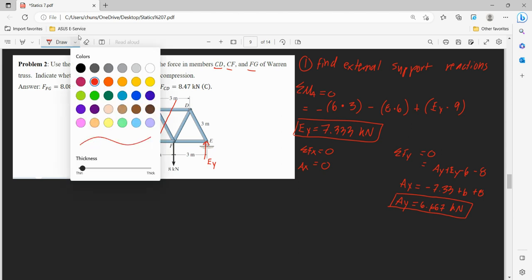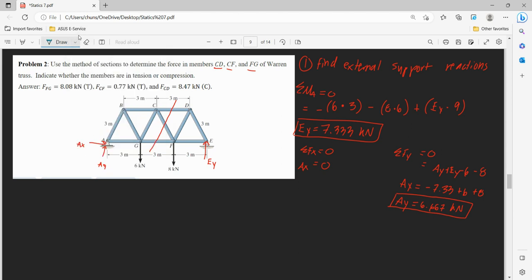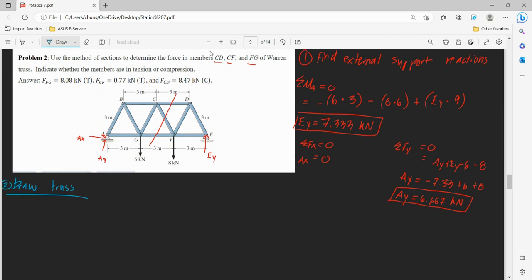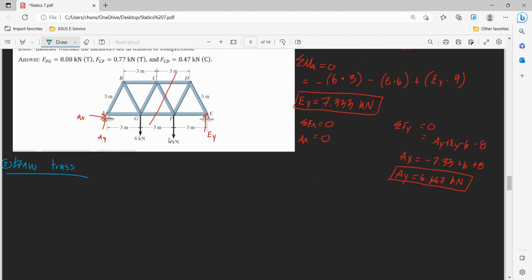Okay, so our second part is now to draw our free body diagram. So draw truss. Okay, so I'm going to draw the right and left side. So this is our C. Then here's where we cut it. So this is FCD. This is FCF. And this is FGF.